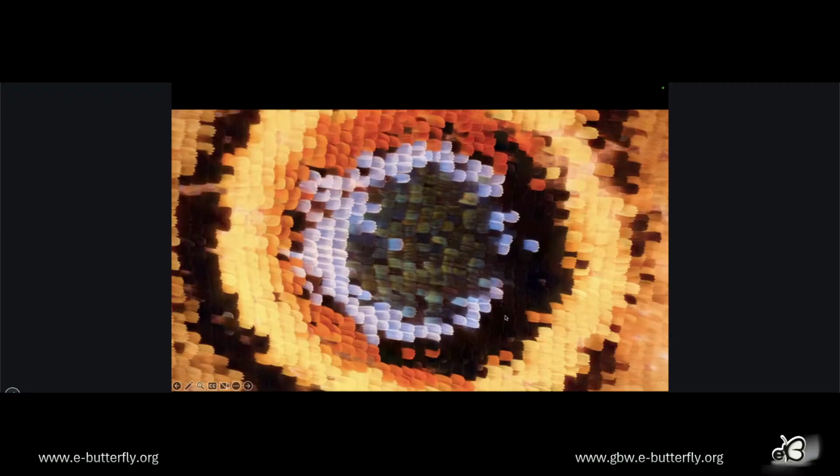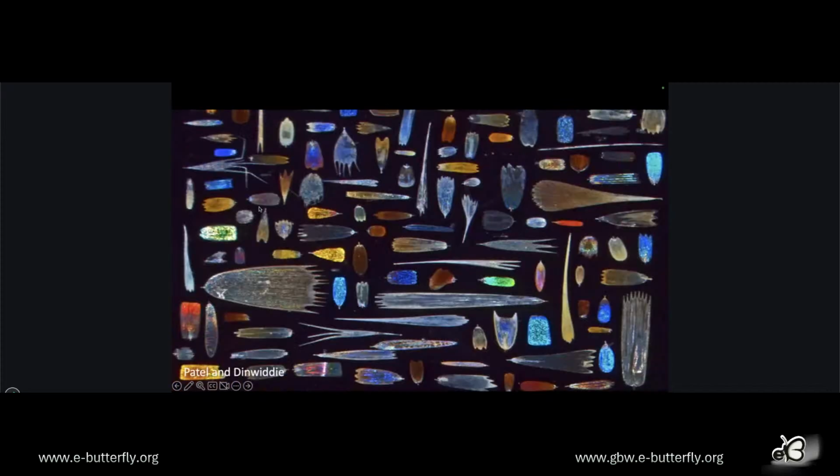You would have scales of different colors because early on they were expressing these different genes that are important to regulate the production of melanins in individual scales, or the production of ommochromes in the case of optix.